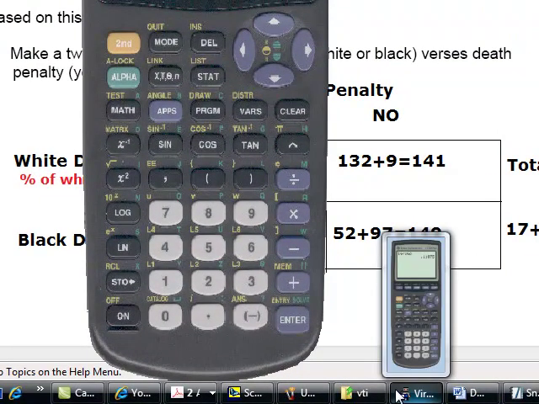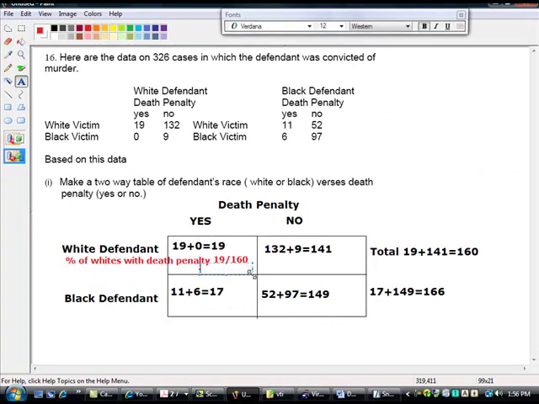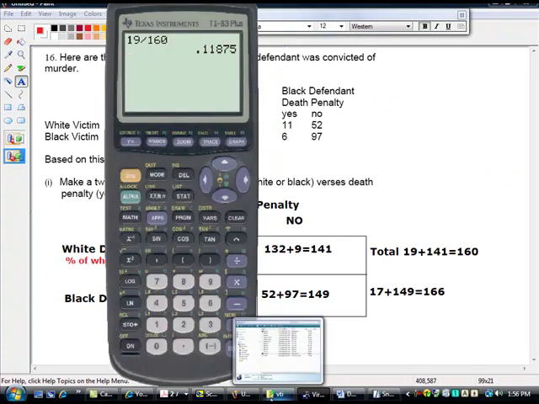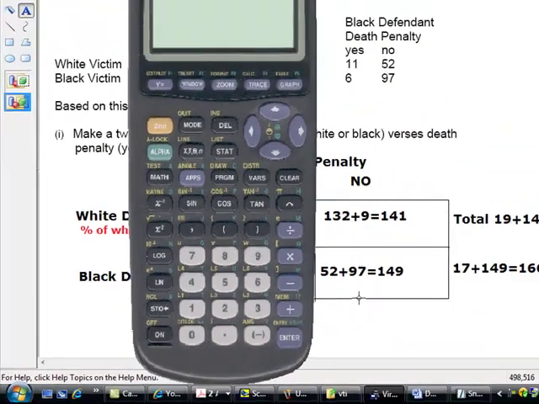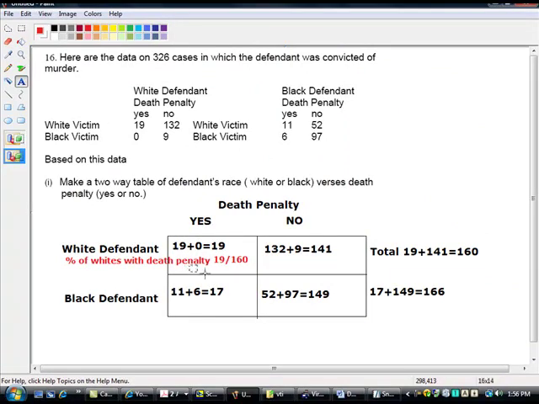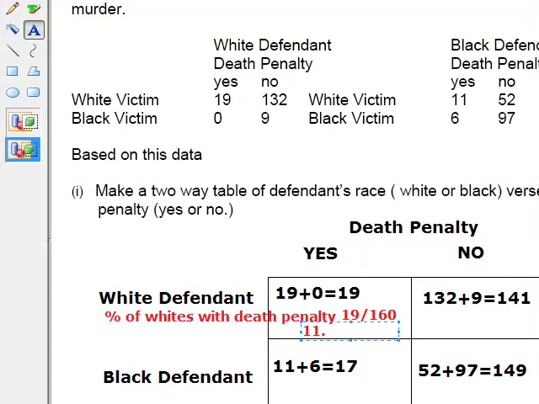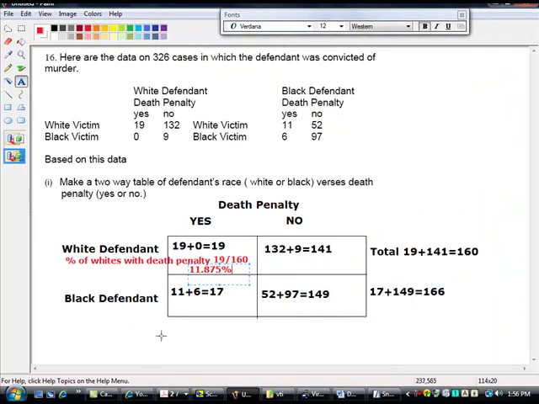So about 11%, right? 11.875, right? Hey, Ron. Hey, how are you? Okay. Same thing when we do it for the black defendants.